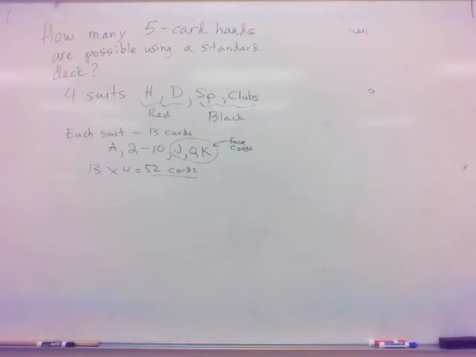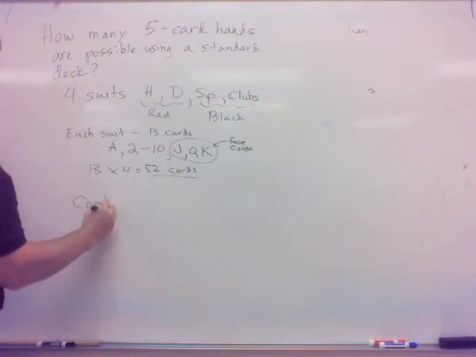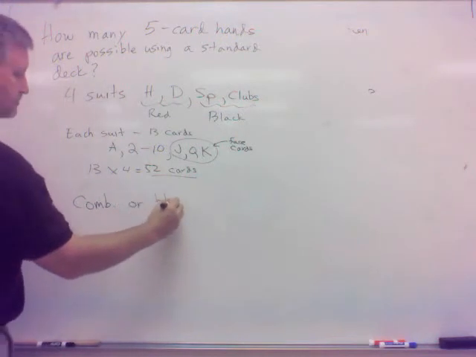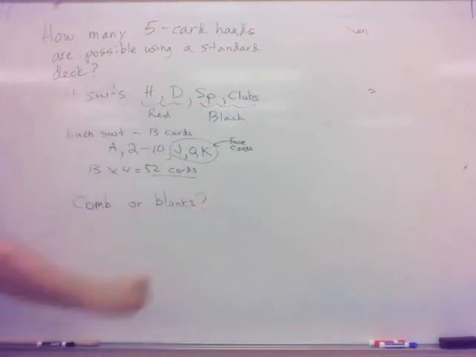So back to our question. How many 5-card hands are possible? Well, again, our first question is always, is it a combination or is it a permutation? It's a combination if the order doesn't matter. Well, if I have ace, 2, 3, 4, 5, and then I have the 5, 4, 3, 2, ace, and say it's hearts.